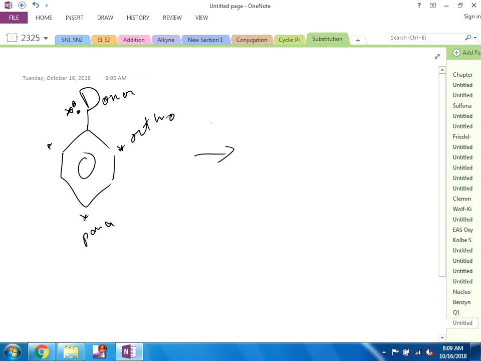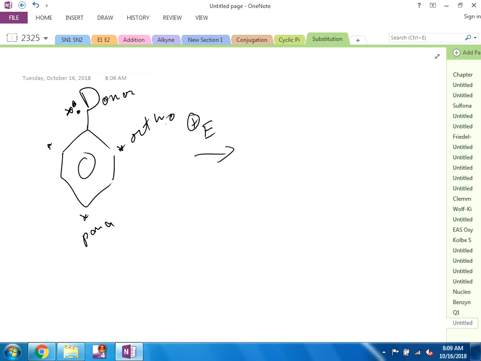If we were doing electrophilic aromatic substitution, where would the electrophile want to go, the ortho, the meta or the para? At least it wants to go where the stars are, because the stars represent electron density. We can draw resonance structures.